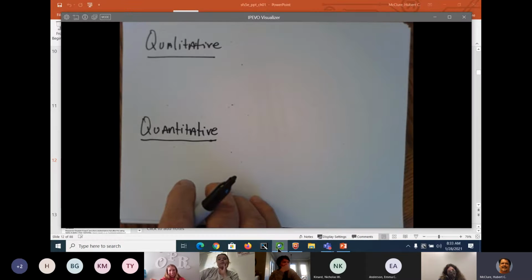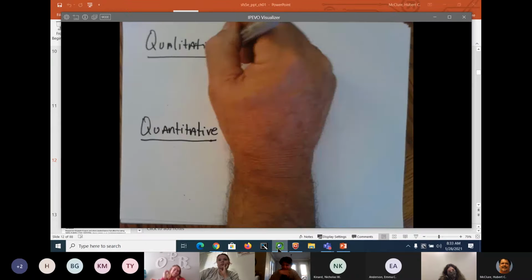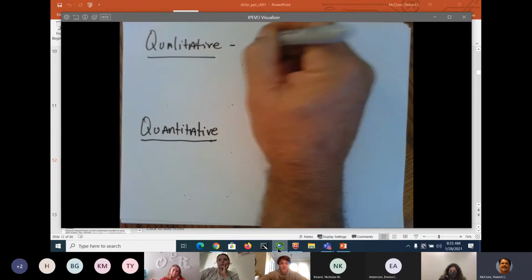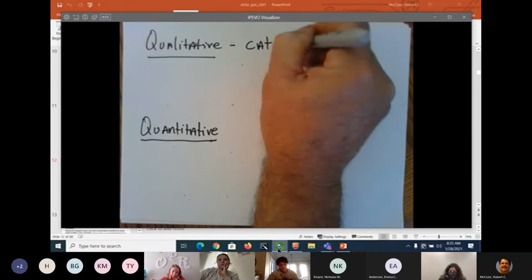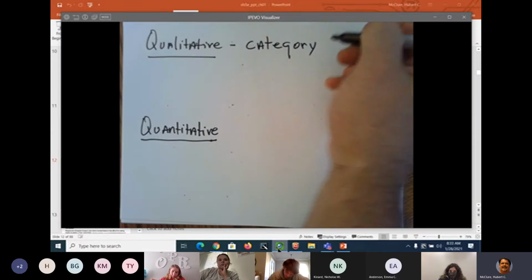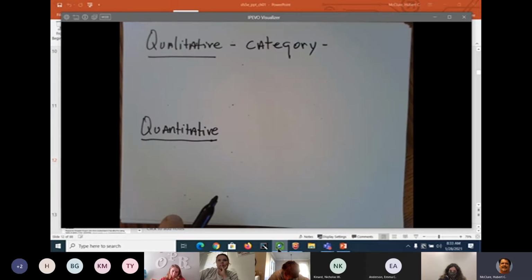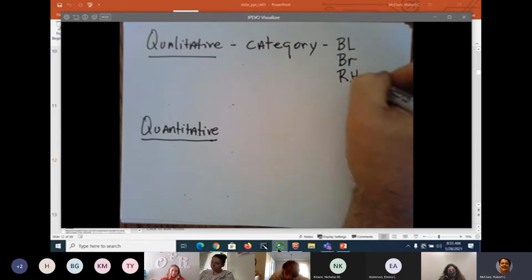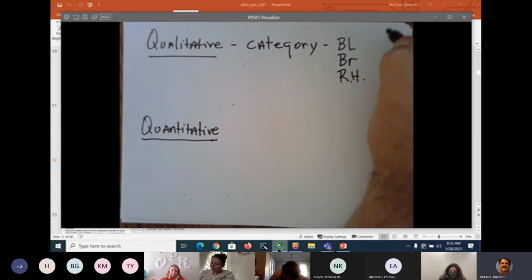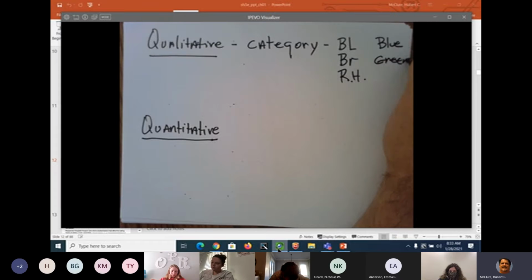Now, quality means category, meaning characteristic. Blondes, brunettes, and redheads. Blue eyes, green eyes, brown eyes.